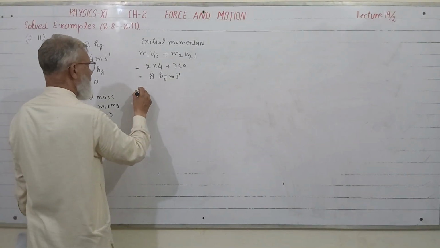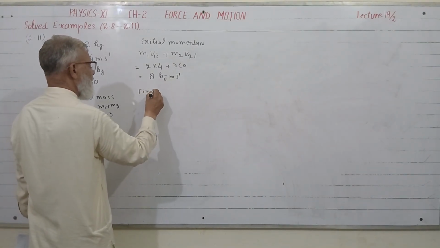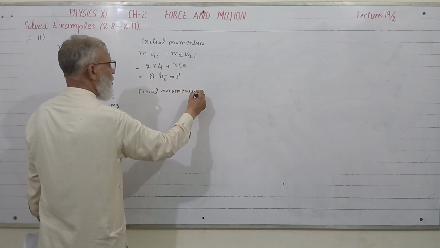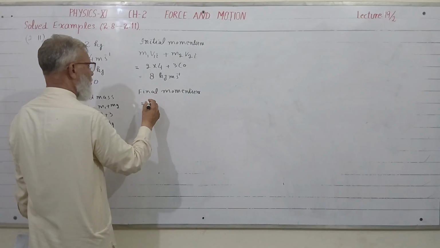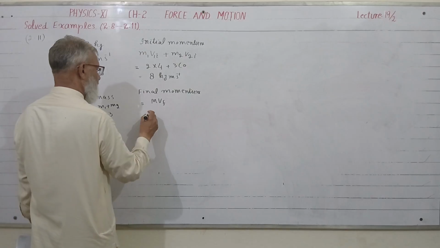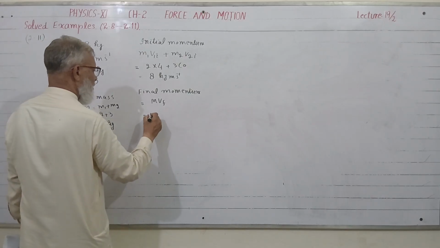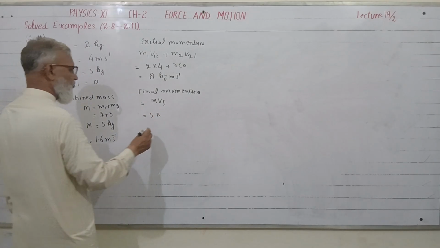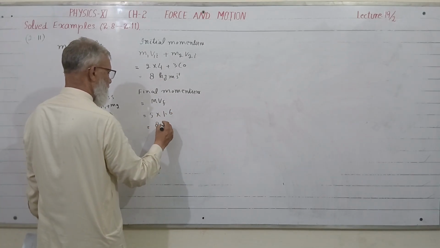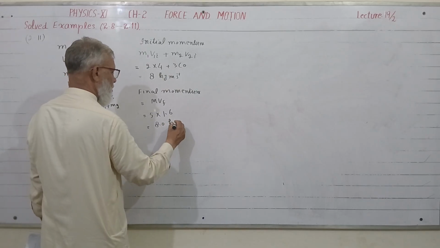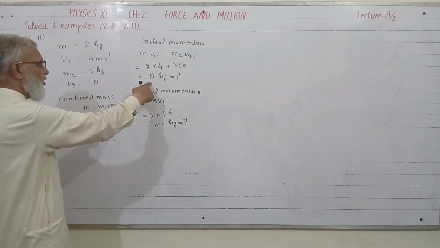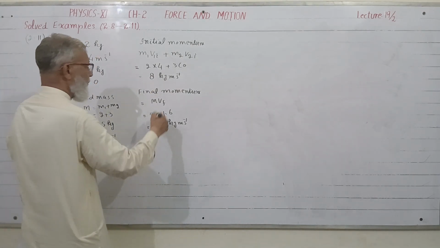Final momentum, after collision, is equal to m vf. m is now 5 and vf is now 1.6, so 8.0 kilogram meter per second. This is final momentum.